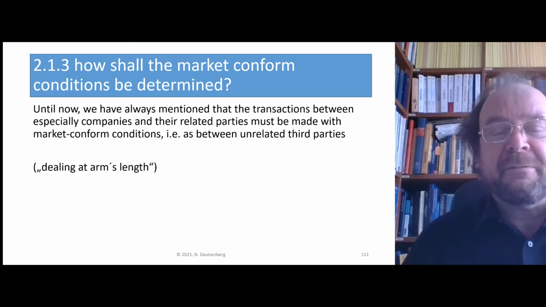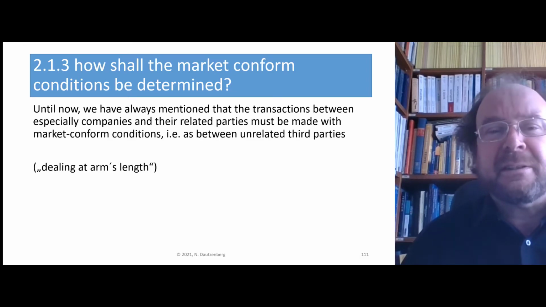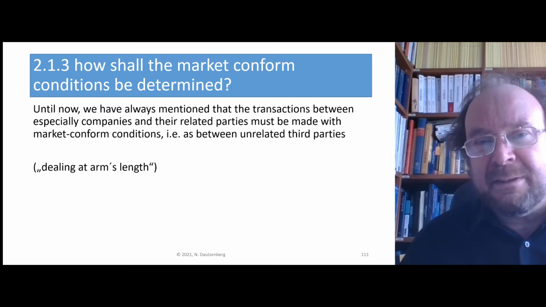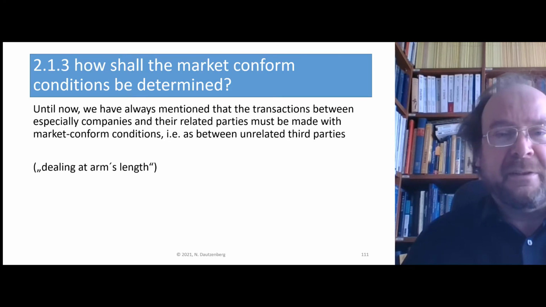Very often you have in real life a business transaction which only can be found between a subsidiary and a parent company. So the fiction poses problems there, but at least you have a clear idea. Do as if the two parties involved were unrelated to each other.